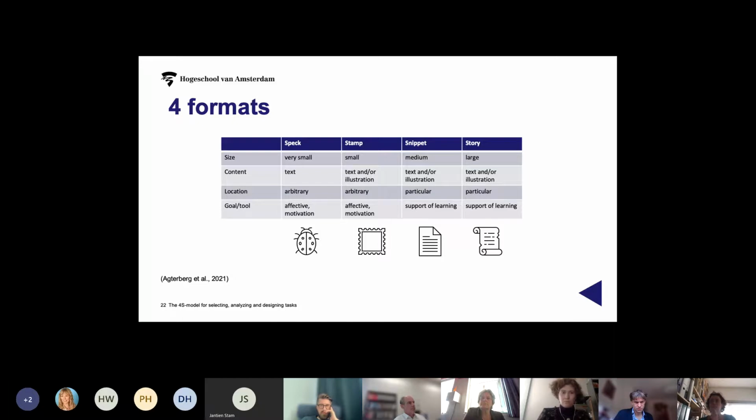So these are the four formats that we came up with based on the textbook analysis, and these formats can be used to look at textbooks and to check what formats we find. But what I also want to do with this is have my students, who are training to be teachers, use these formats to design activities. So they make a deliberate choice: I want to use a stamp, or I want to use a snippet, or I want to use a story. But I will get to that a bit later.